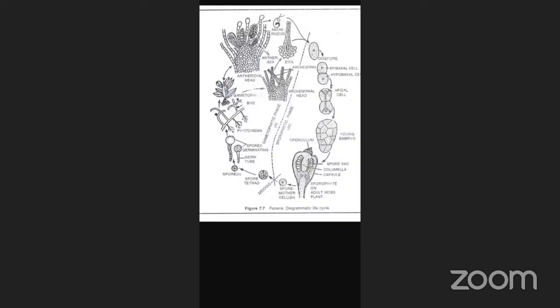The amphithecium forms the capsule wall and the endothecium acts as the archesporium. The upper part of the epibasal cells forms the capsule, and the lower part forms the sterile elaters.